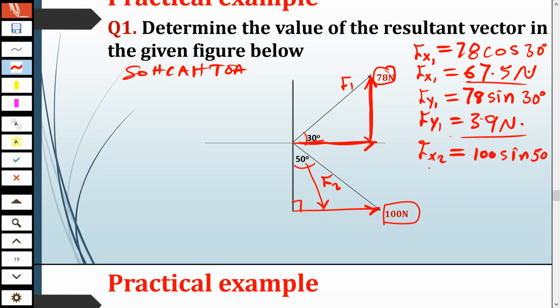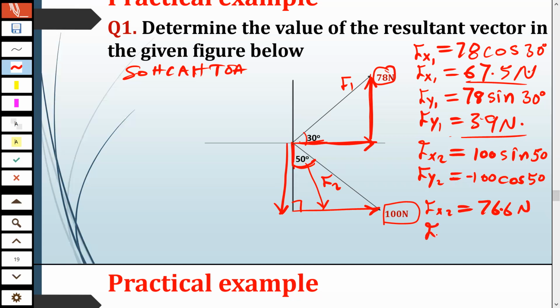And then Fy is this one here. It's pointing towards the negative y. So we're going to have negative 100, and it's adjacent to the angle 50. So we're going to use cos 50. So our Fx2 is going to be equal to 100 sine 50, which gives us 76.6.